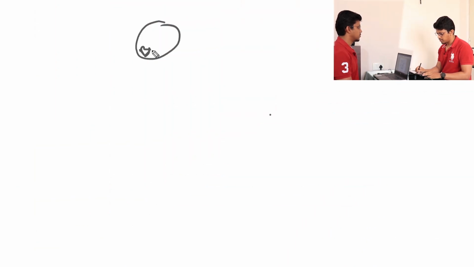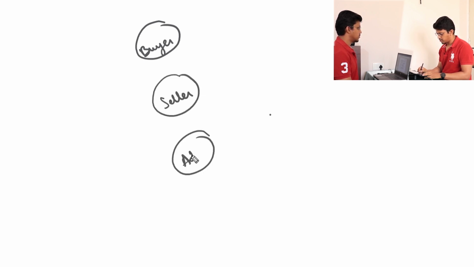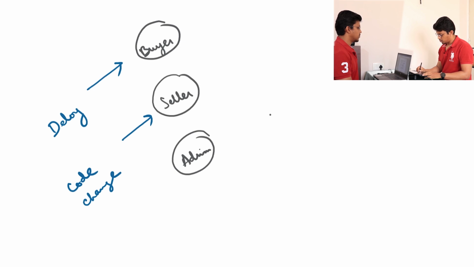Okay. So how we'll define it is, we have buyer, then we have seller, and we have admin. Independently we can deploy, independently we can make the code change. So it's fault tolerant.